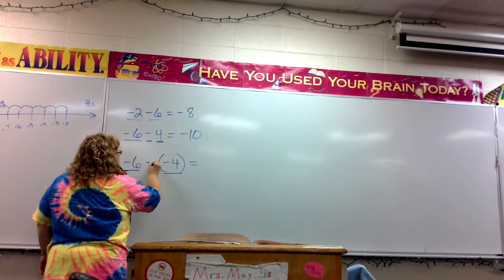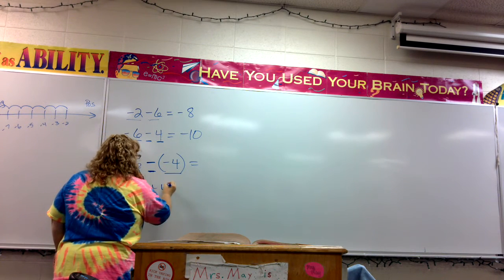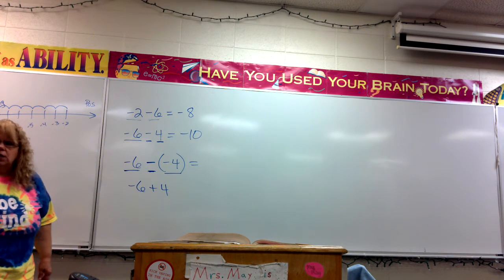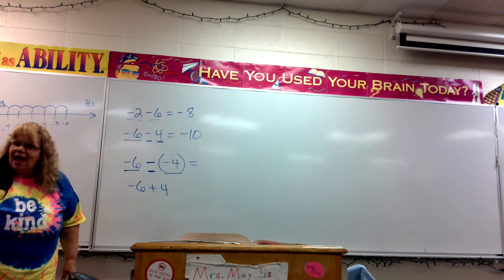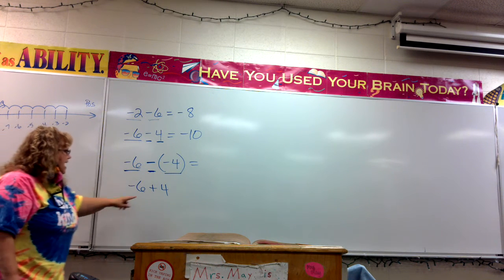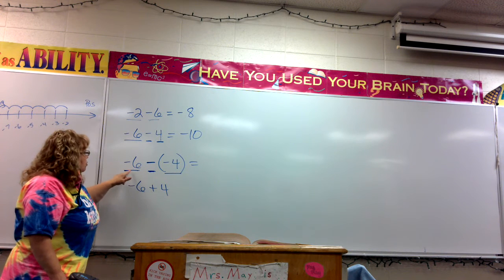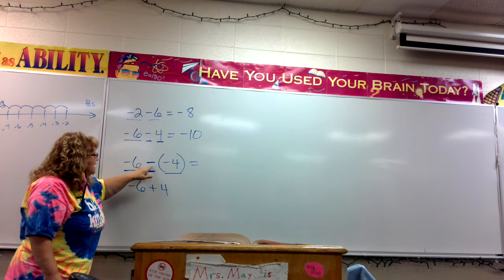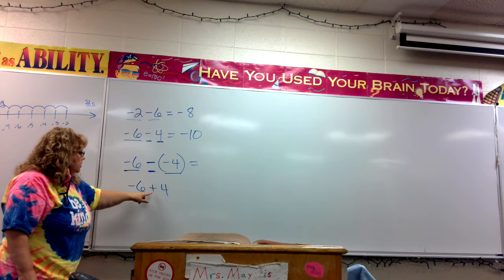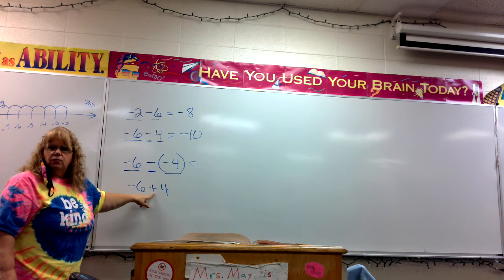If I have minus -4, I can just write that as +4. So instead of -6 minus -4, it's really a +4.